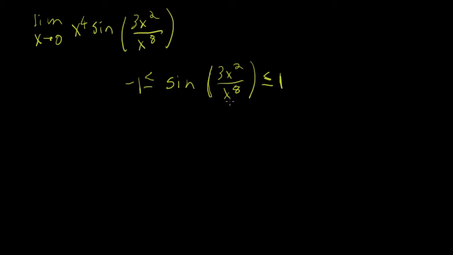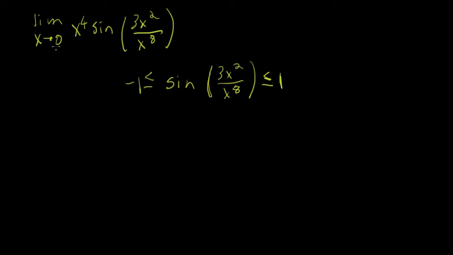So let's see what happens here if we were to multiply each term by x to the fourth. And remember, when you multiply all portions of an inequality by a particular number, you're going to have to consider whether that number is positive or negative. And x to the fourth, when you're approaching 0 from the right, a positive number to the fourth is going to be a positive number.